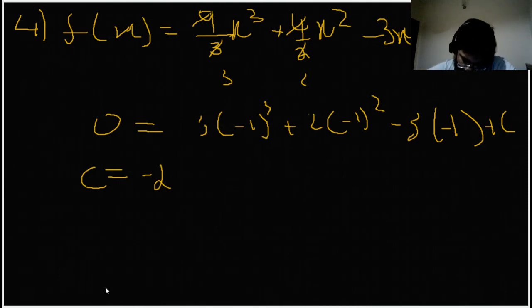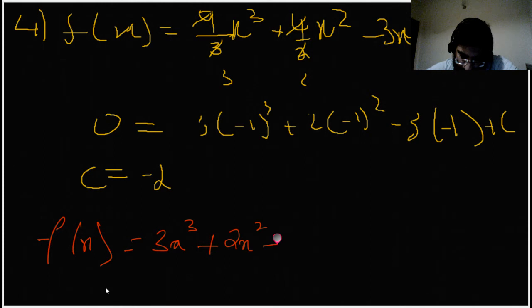Yeah. Now you write the complete f of x. f of x is equal to 3x cubed plus 2x squared minus 3x minus 2. Next.